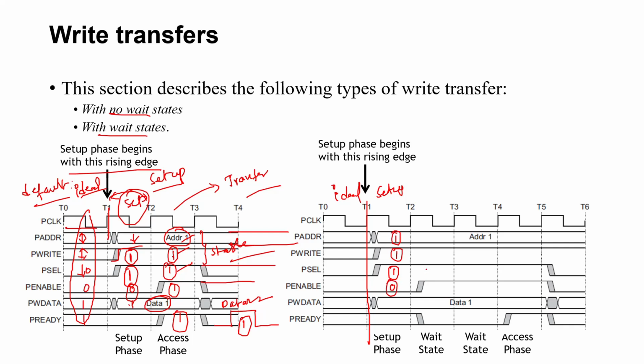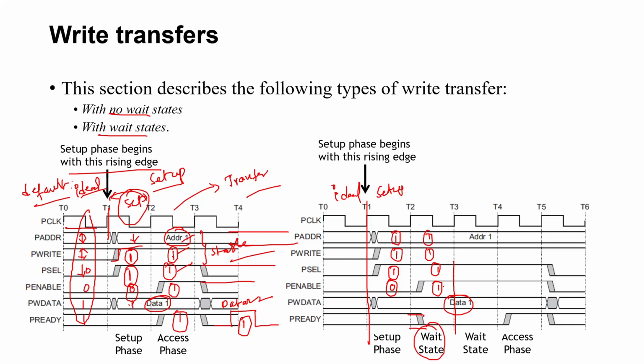In the next cycle, I am maintaining the valid address, and then write is also high, and select is also high, enable signal also high. At that time I want to maintain valid data. So this cycle I am not getting PREADY high here. Okay, still the stable bus only is maintaining the PREADY signal. So that's why the wait state is happening here. Ready signal is not high.